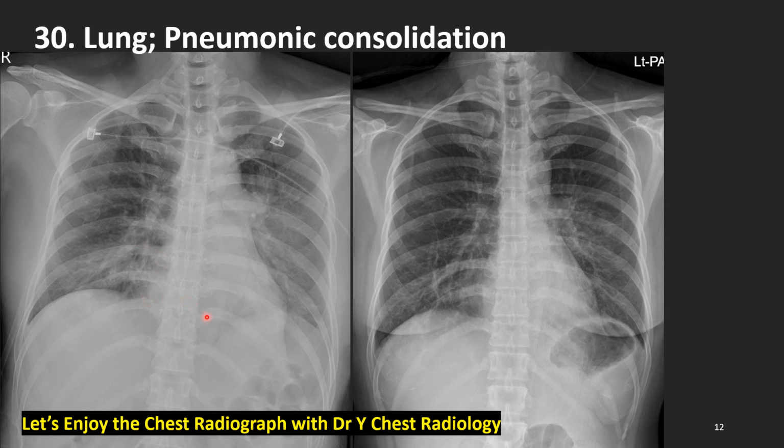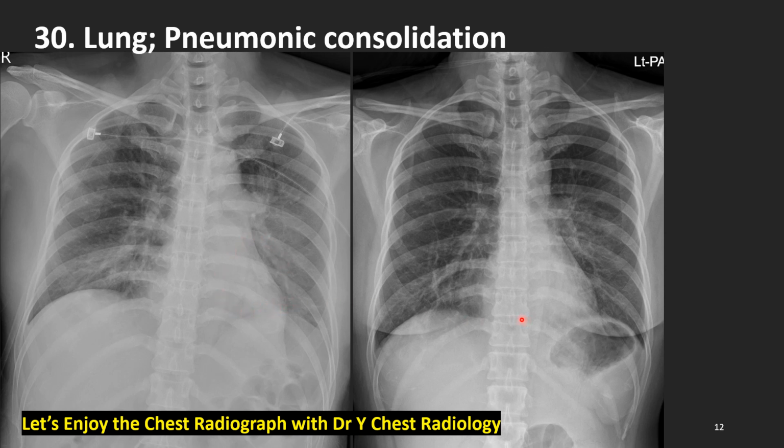And we see another airspace consolidation, retrocardiac, with air bronchogram, diffuse consolidation not touching the heart border, so a retrocardiac left lower lobe consolidation. And we see aorta obliteration and paraspinal line obliteration. This means air bronchogram consolidation of the left lower lobe.